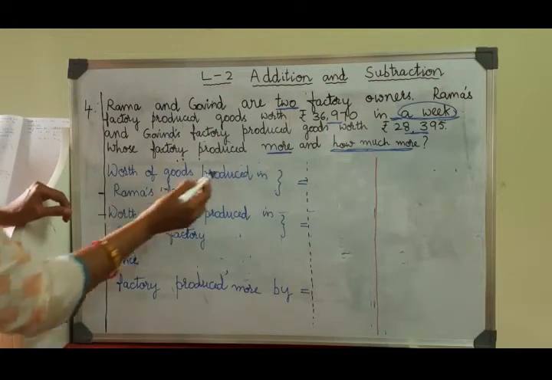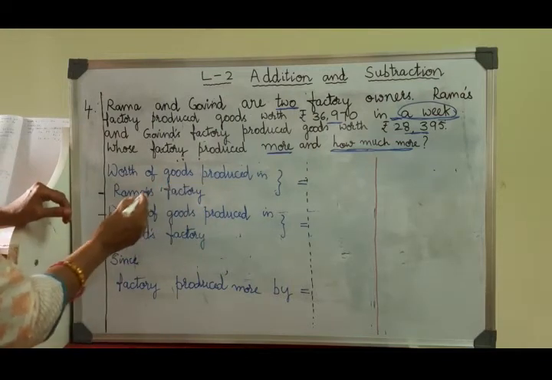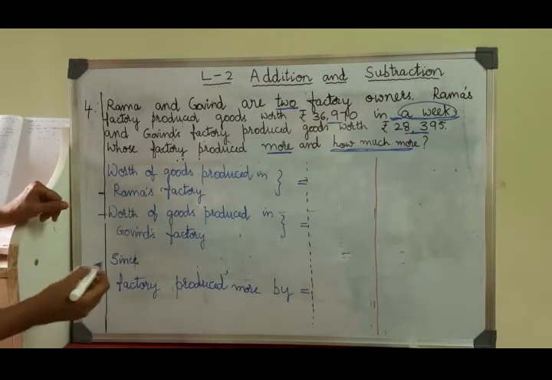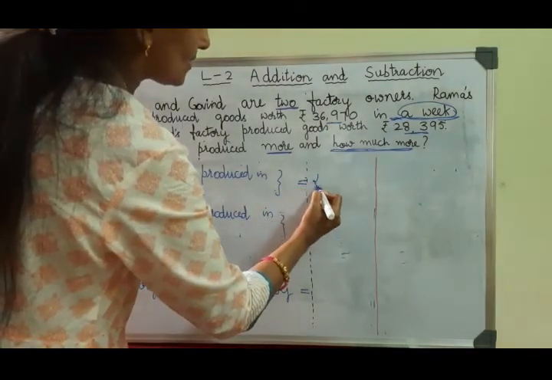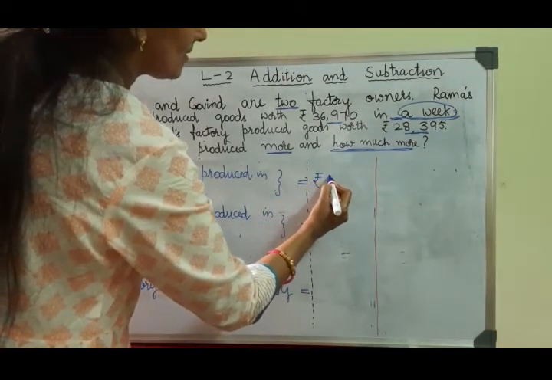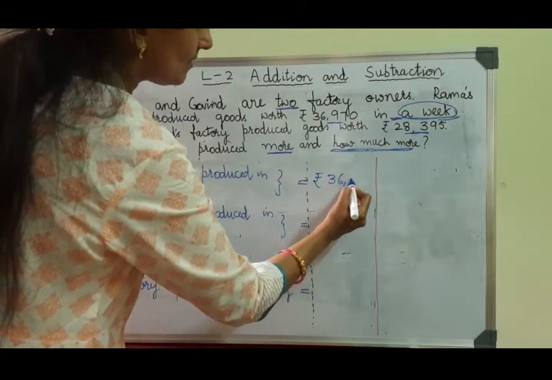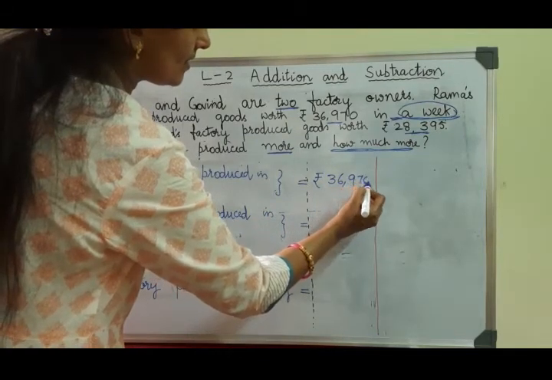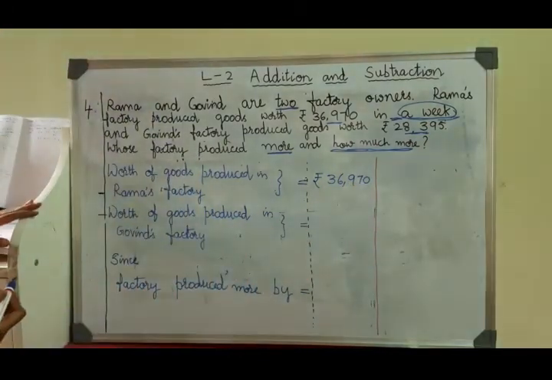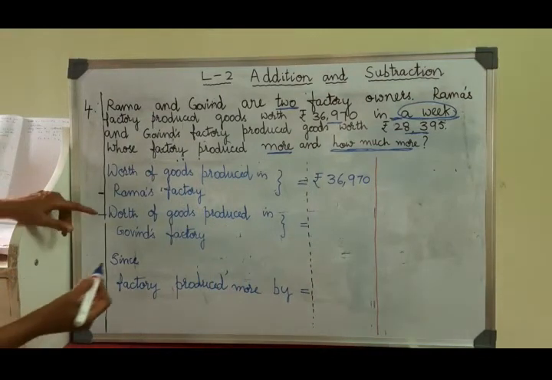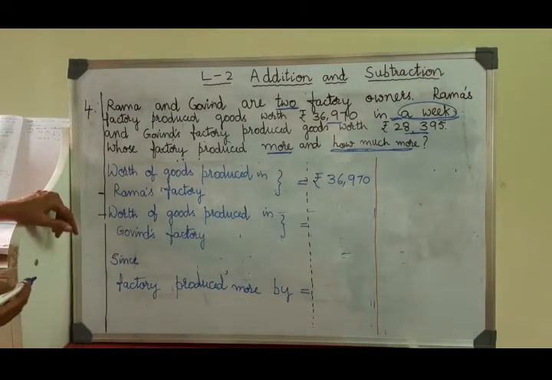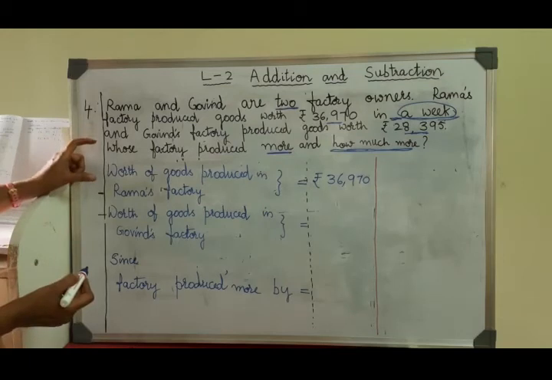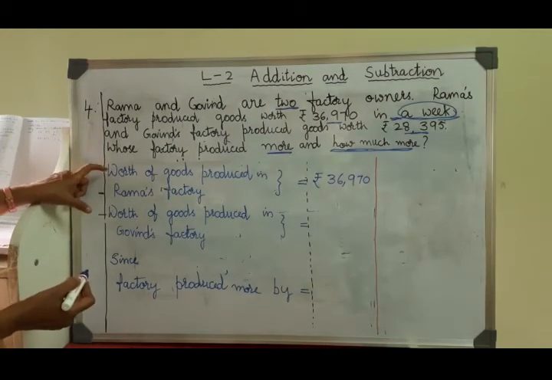So I didn't write the week. So worth of goods produced in Rama's factory we will write: rupees 36,970. Now how much worth of goods is produced in Govind's factory? You have to write the statements. Whatever data they have given, you have to write in terms of statements.